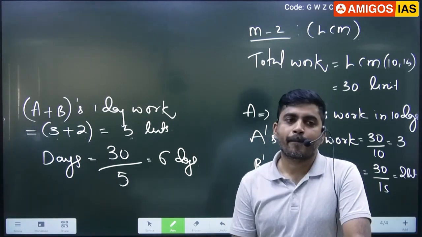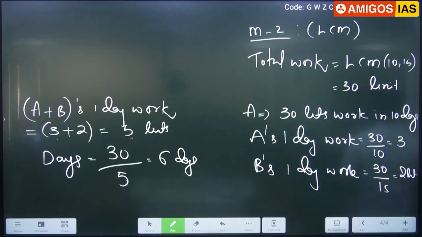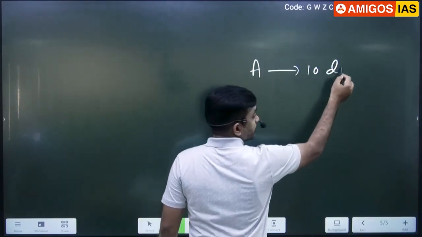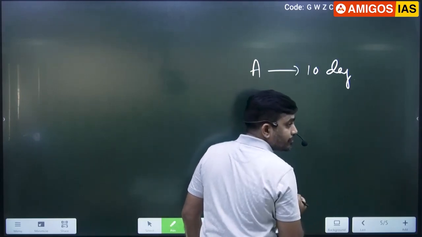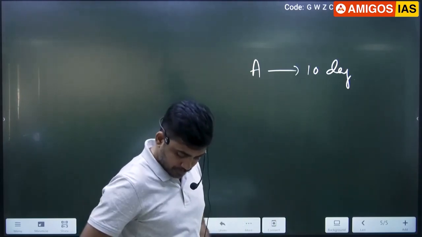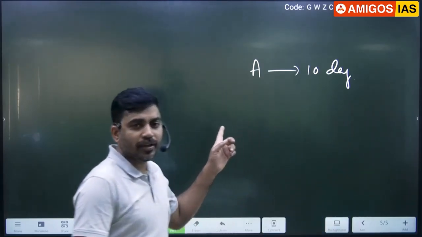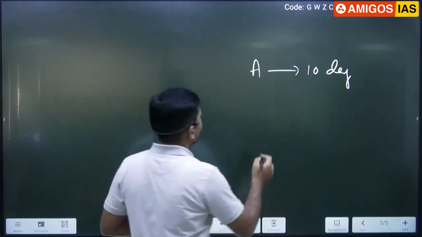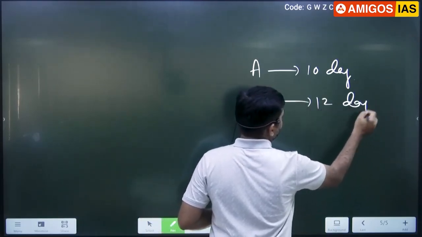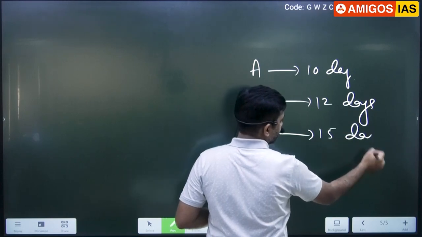Completed? One more example. Note down. A is doing work in 10 days. B is doing work in 12 days. C is doing work in 15 days.